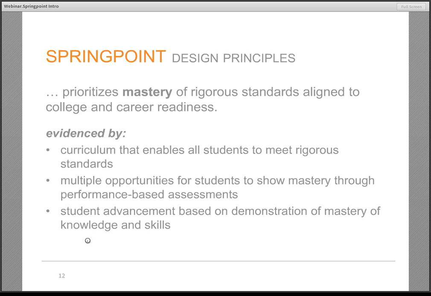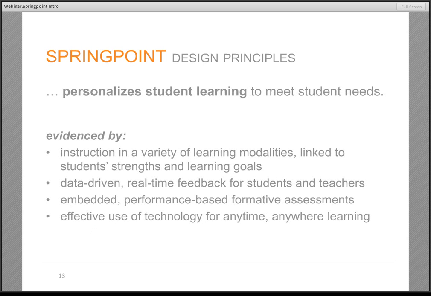There should be multiple opportunities for students to demonstrate what they know and what they can do with what they know. And students should be understood to be on individual trajectories, so they master a concept or a concept cluster before moving on.